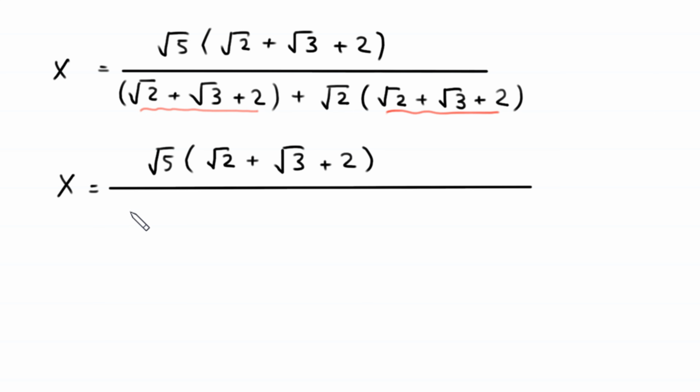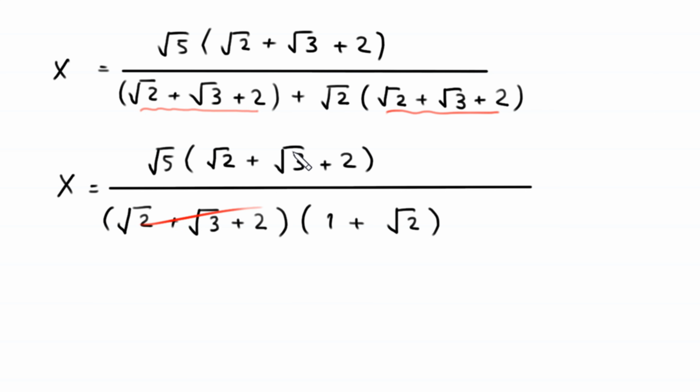So root 2 plus root 3 plus 2 as common factor, and in bracket left 1 plus root 2, and this expression will be cancelled with this expression, and we are left with x is equal to root 5 divided by 1 plus root 2.